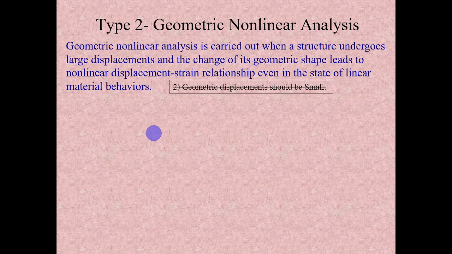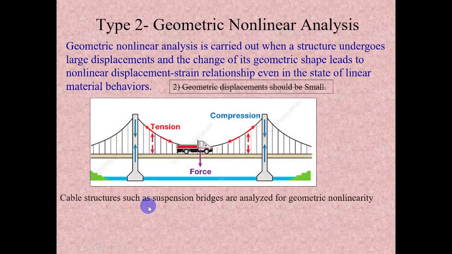That is another important assumption for linear analysis. If the displacements are very high, we cannot use the conventional linear analysis; we have to go for geometric nonlinear analysis. Cable-stayed structures such as a suspension bridge, or another cable-stayed bridge, are examples for the nonlinear geometric analysis.